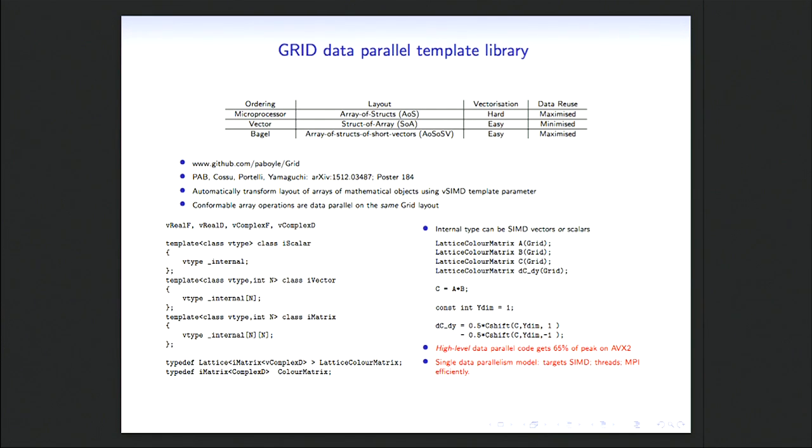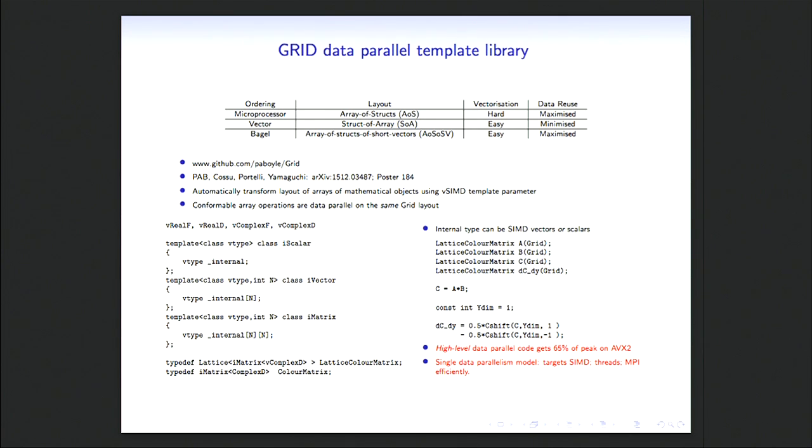The way we parameterize in a legal C++ way this layout transformation to an array of structs of arrays is we pass in a vector as a template parameter to a class, which should be either scalar, vector, or matrix, and every datum within that array is of the type of the template parameter, which can grow or shrink according to the architecture we're compiling for. So this is the way that we pass into C++ structs that we're going to expand out every datum to exactly the vector width of the vector unit, and then stop.